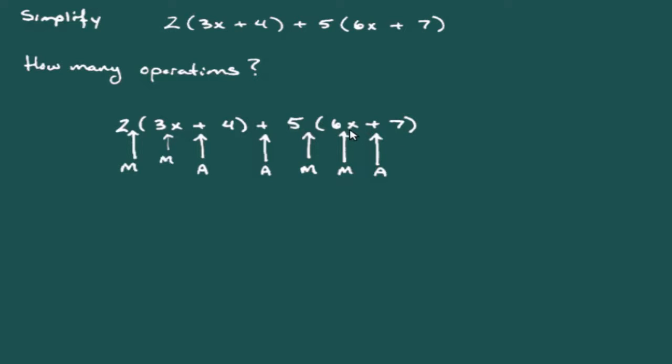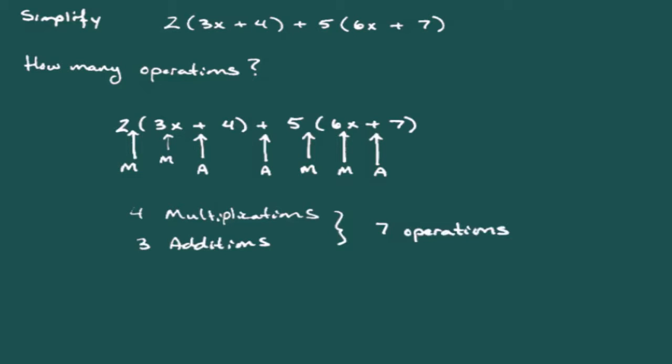We've got an operation of multiplication in the 6 times the x, and then we finally got an operation of addition in the 6x plus the 7. And so grand totaling those up, what we find is that we've got 4 multiplications and 3 additions, so we've really got a total of 7 operations in this particular expression.